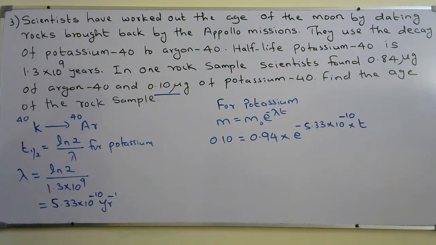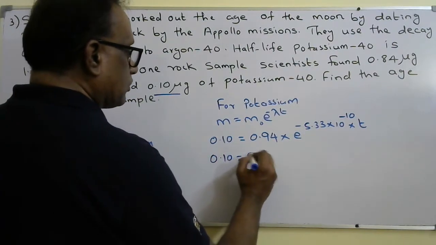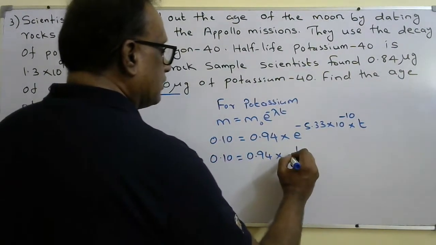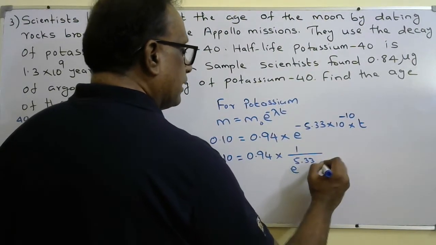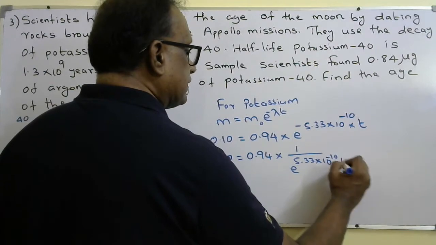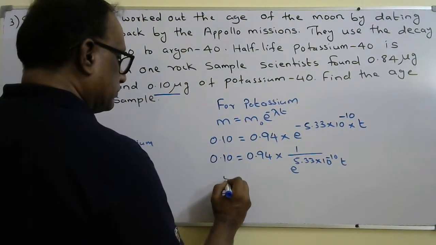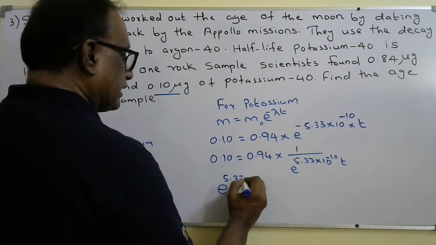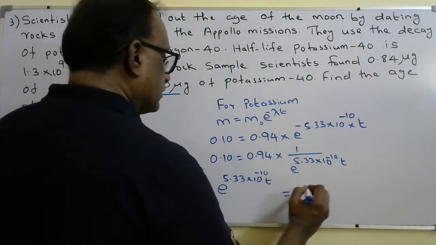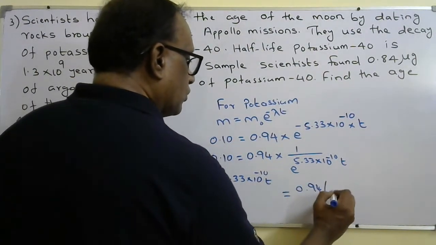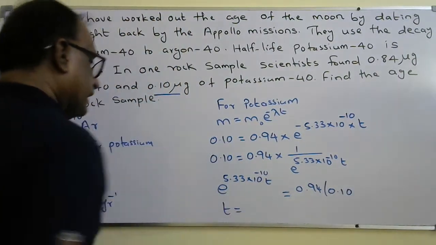So solve it. Then I reciprocal it. It will become 0.10 equals 0.94 into 1 over e to the power 5.33 times 10 to the power minus 10 t. So you know how to solve it. e to the power 5.33 times 10 to the power minus 10 t equals 0.94 over 0.10. Take ln on both sides and solve it for t.